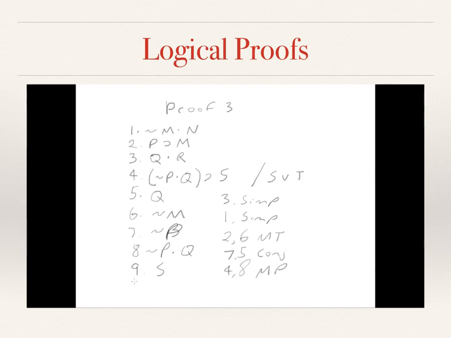And now we can simply add T to S by line 9 addition. And there we go. That's our final proof. Hopefully this will help you with your exercises as you go on and do your own proofs.